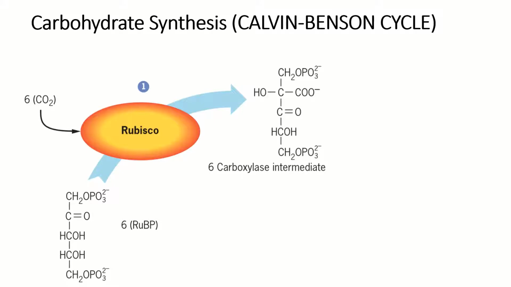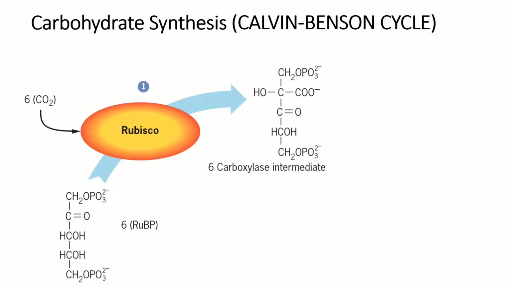So, as early as now, I think it's good for us to recognize that although Rubisco does its work in the carbohydrate synthesis, there is a tendency for it to do the wrong thing, to catalyze the wrong thing. Alright, so as of the moment, let's talk about what it does right.